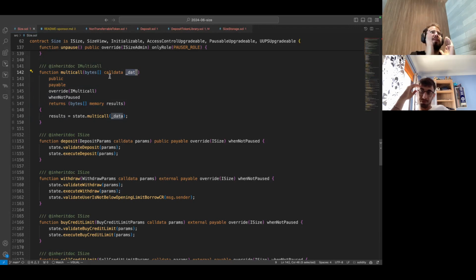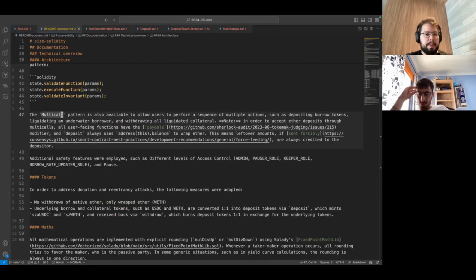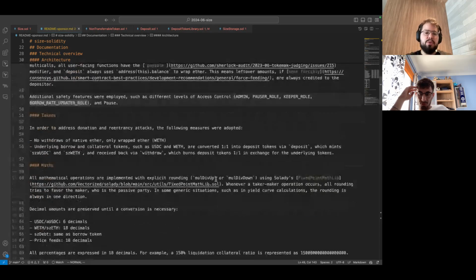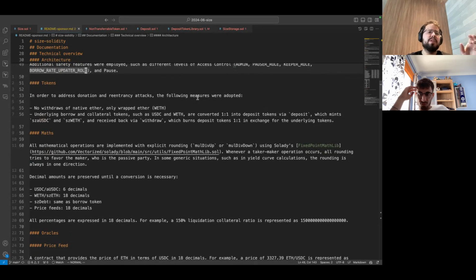So you can encode deposit USDC, repay USDC, and then let's say you want to withdraw your collateral because you are a borrower. Then withdraw USDC, withdraw Ether. You can do everything in a single multicall. That's also nice. We also have different levels of access control, to make sure that some functions are called by the multisig, others can be called by a bot, etc.